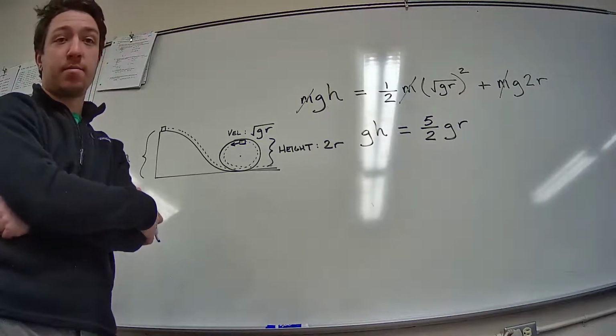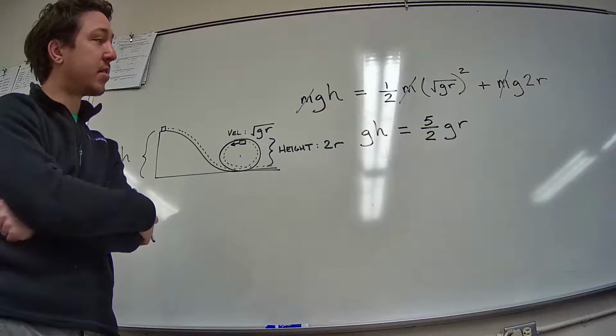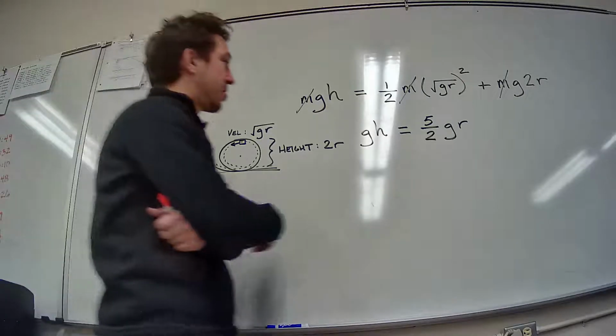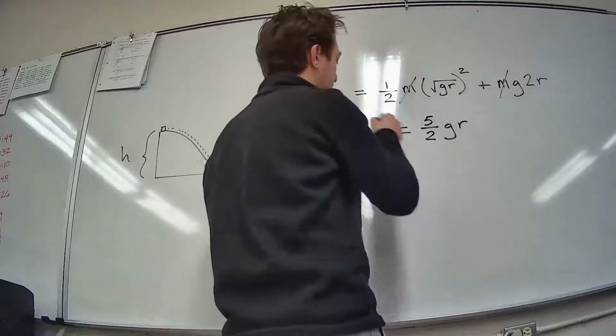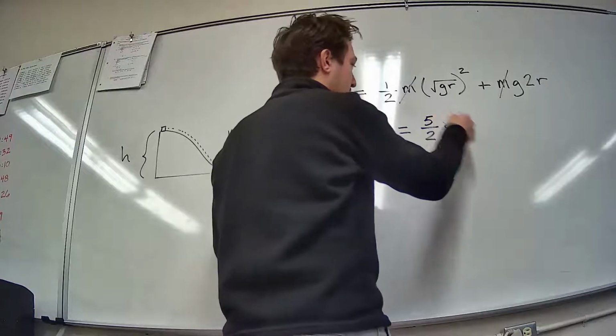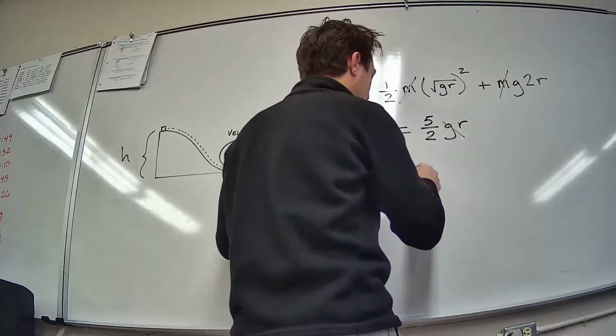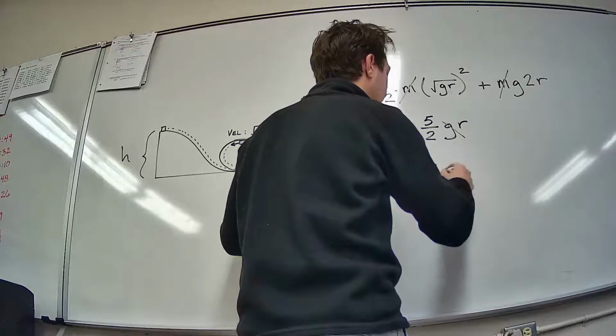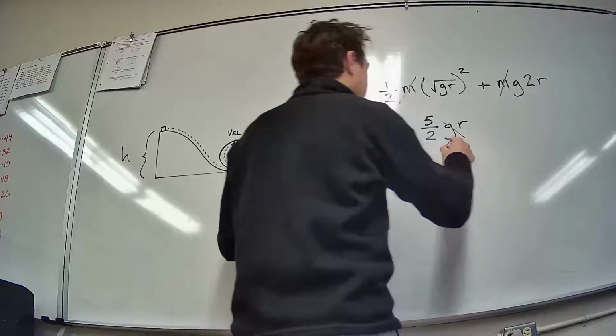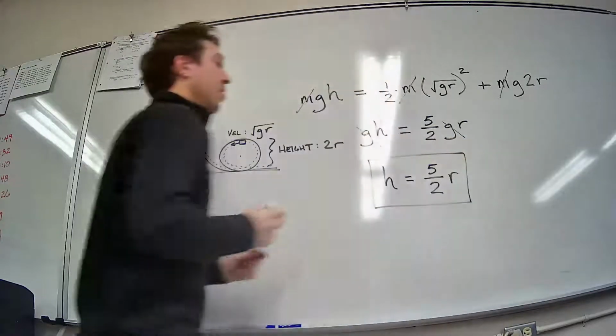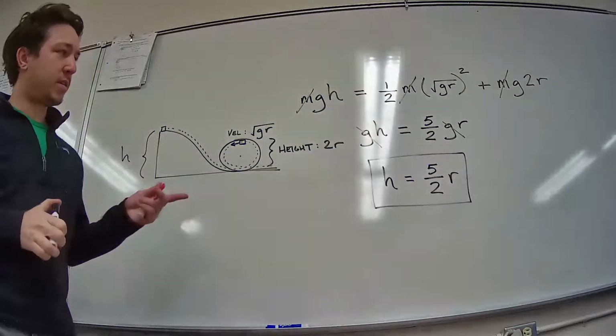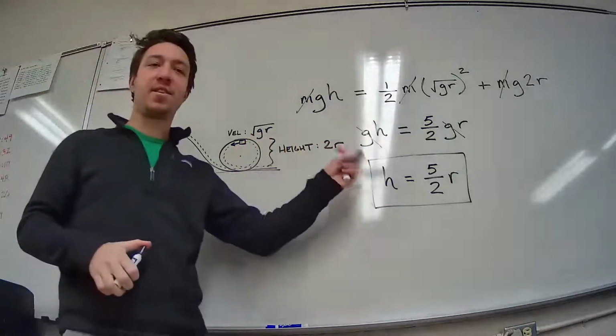Now here's a really weird thing. This is pretty surprising, I think. What else happens? The g divides out. So what you get, weirdly, is that the height, that's an amazing result, I think.